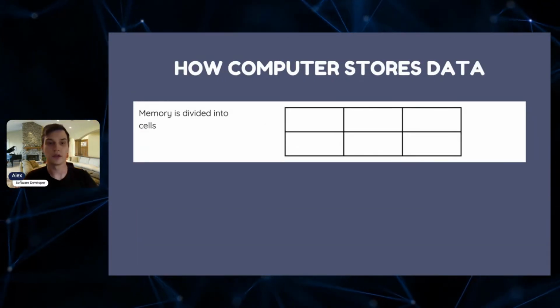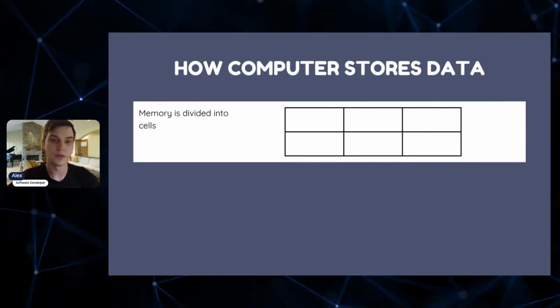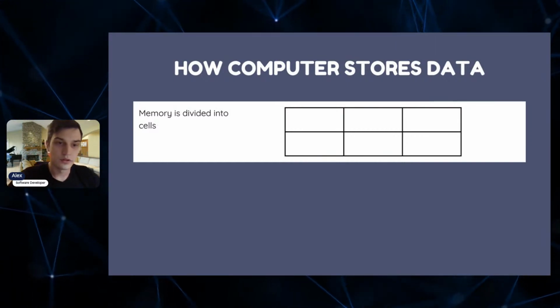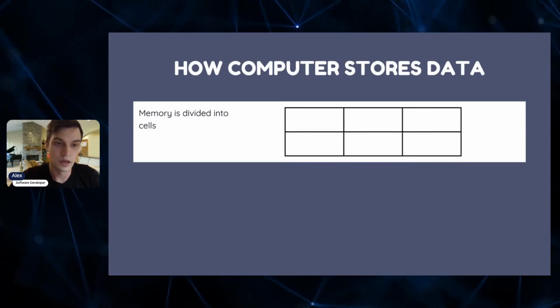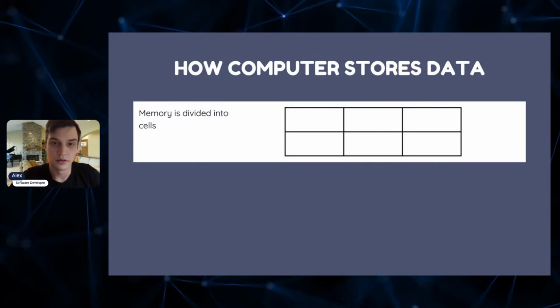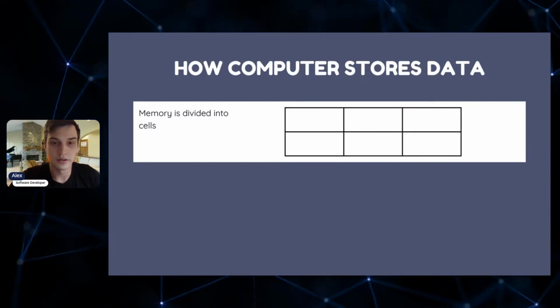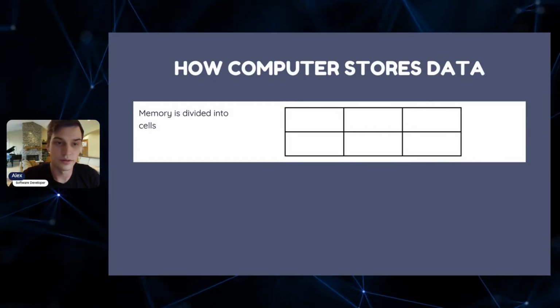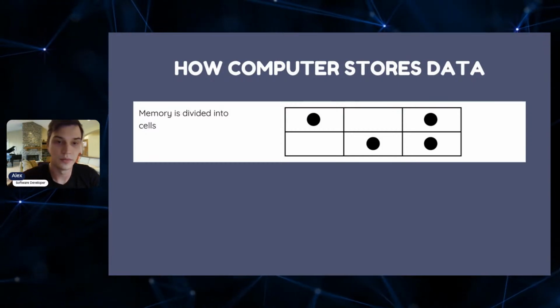And let's start. Before we discuss the low-level communication of the computer, the really important thing is to understand how a computer stores data. The memory in the computer is divided into cells. As you see in these pictures, here are 6 cells. In the cells there can be something, or there can be nothing, as in this image.